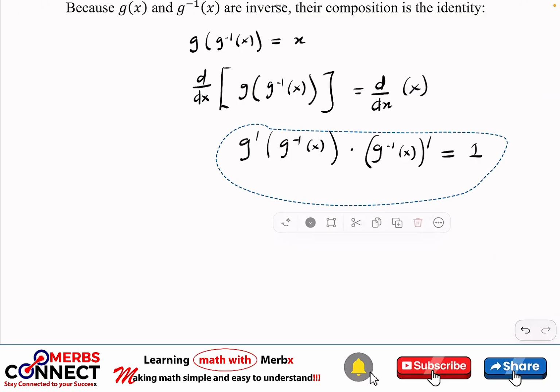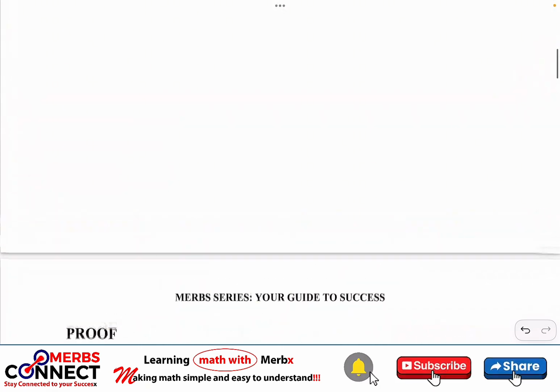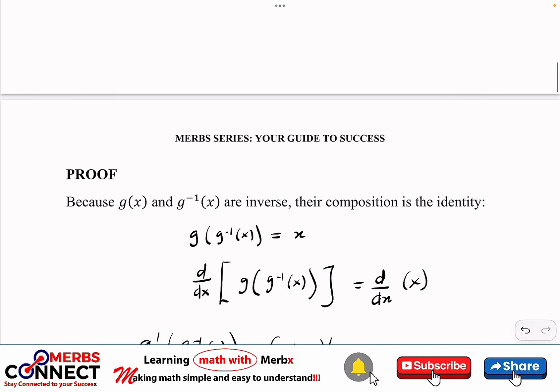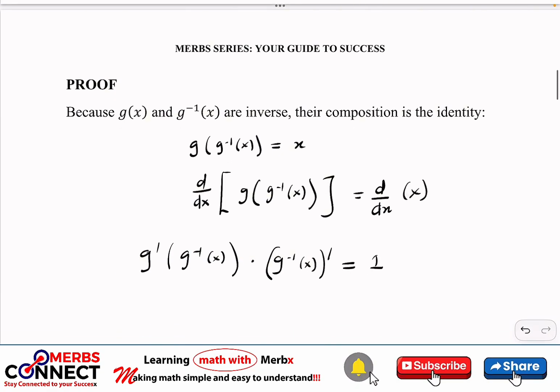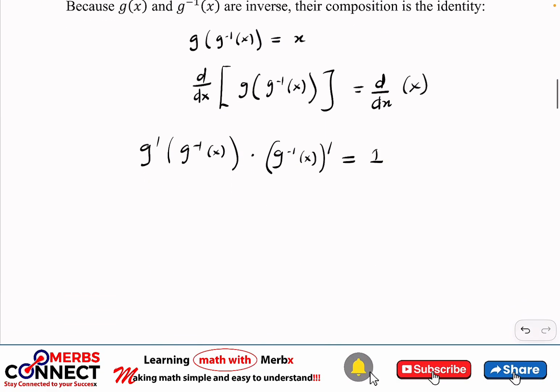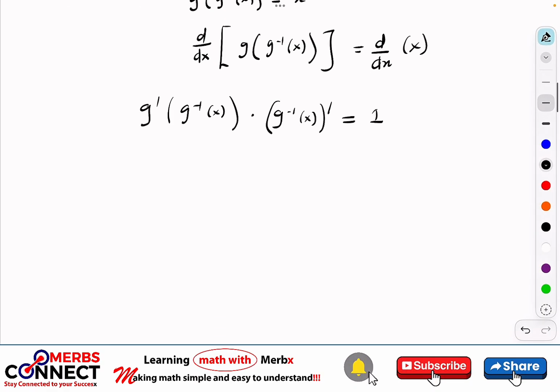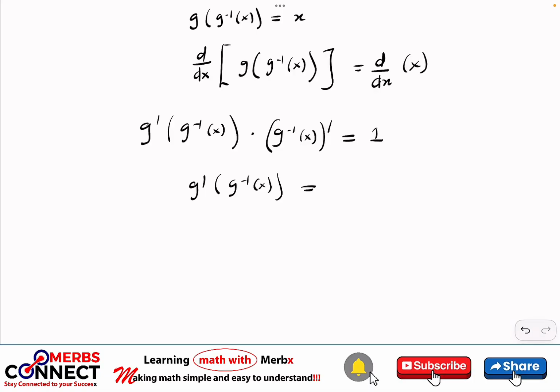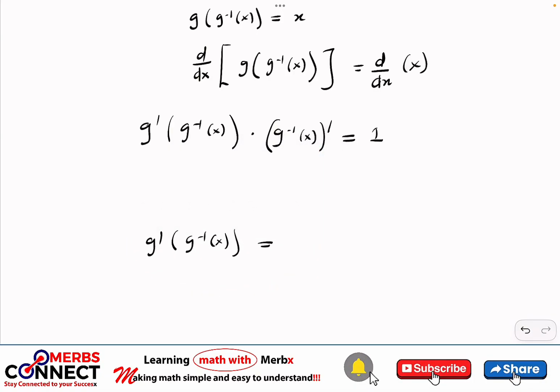Now let's check what we are looking for. Looking at the formula here, we need g prime of x. So let's try our hands on this and see if we can find g prime of x. Since we need g prime of x, we have g prime of g inverse of x equal to, and what I'm doing here is dividing both sides by this g inverse of x prime.